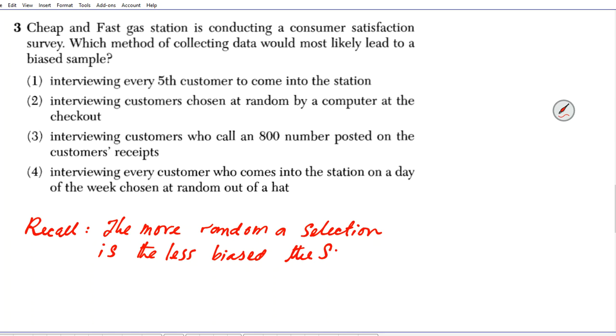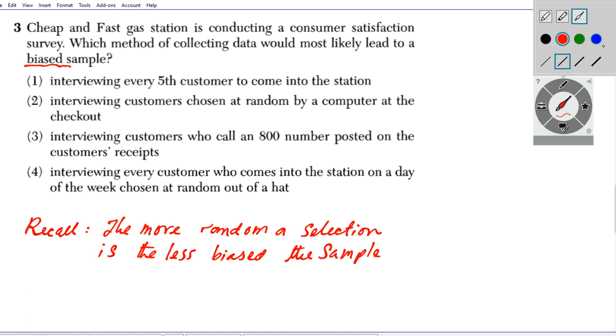In this particular problem, we're looking for which one is most likely to lead to a biased sample. So we're looking for the selection process that's least random, one that involves some kind of pre-selection in the selection process. Now let's see what we have here.